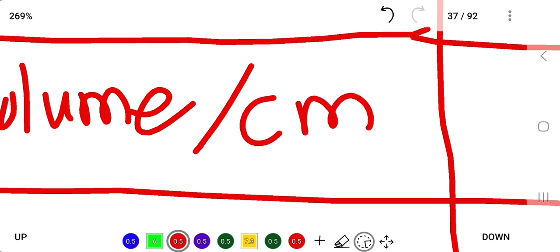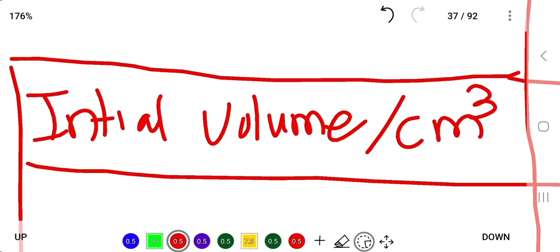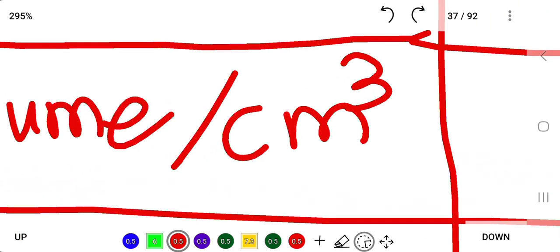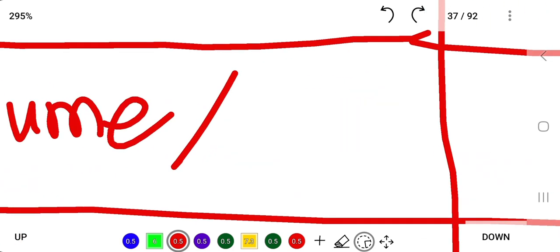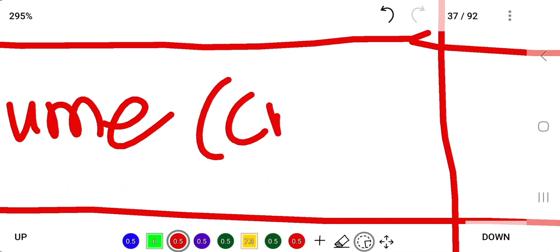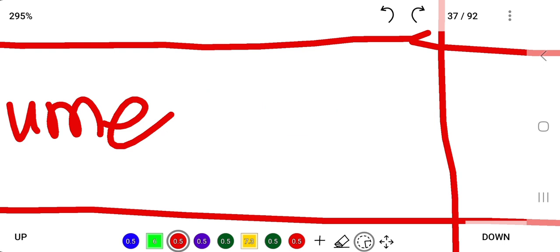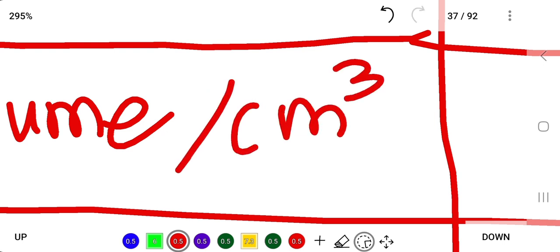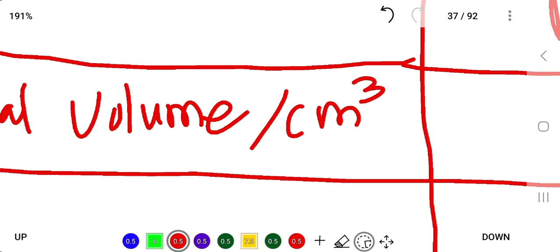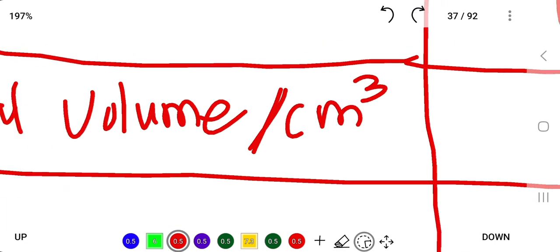You need to write the unit of whatever you're plotting in the same table that you wrote the name of whatever you're plotting. You can either write it as slash centimeter cube, or you can put it like this. Alright, but never the exact... Them together is so wrong, so you won't get the mark for it. But for you to just finish this all, just make it centimeter cube 3 with the slash.